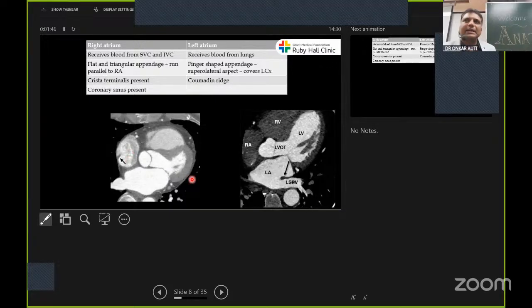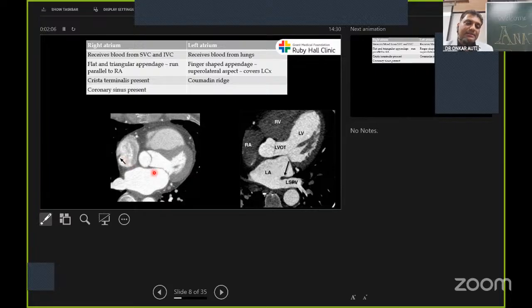Okay, next, there is something called the crista terminalis over here. The crista terminalis is a ridge connecting the IVC and SVC junction with the RA. It's a fold of tissue that runs through the entire length, and you can see it like a mass.